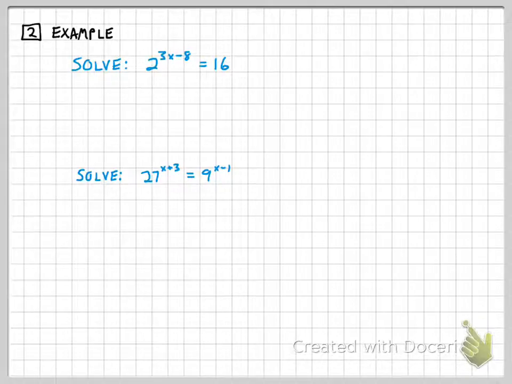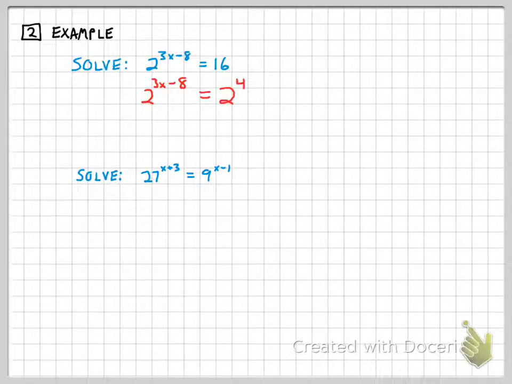Alright, so let's look at two examples here. My first example, 2 to the 3x minus 8 equals 16. The key to solving this problem is to think about both sides of the equation in the same base. It's pretty obvious on the left side that I have base 2, and luckily on the right side I can also write 16 as 2 to a power, so 2 to the 4th is 16.